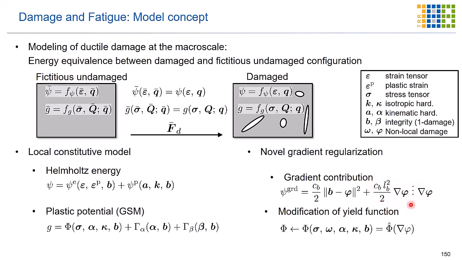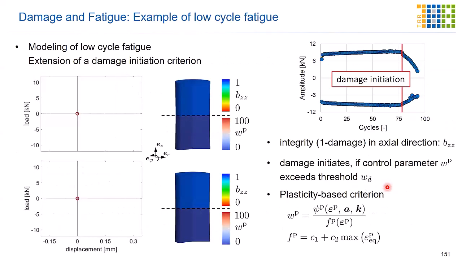This is the gradient regularization you see here. You see the length scale LB, and this will dictate or give us control over the width of the damage zone, for example, the damage transition zone. And such a model can then be used, focusing on integrity, to perform some predictions of the cyclic loading.